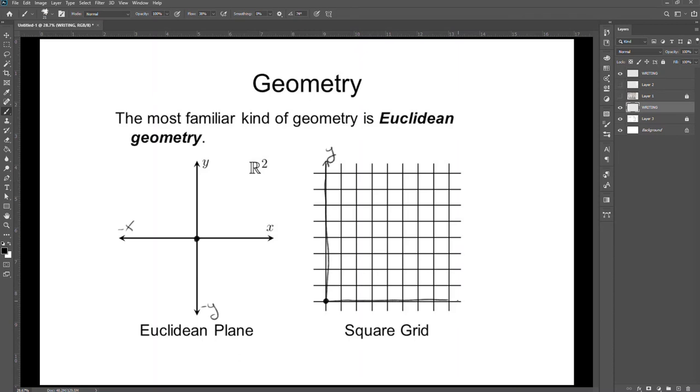I'm just establishing the x and y axes on this square grid, and we're turning it into the Euclidean geometric plane. And again, downwards is negative y, and to the left is negative x.